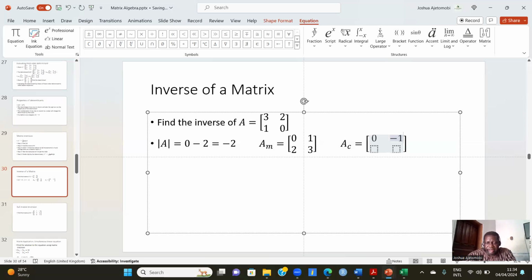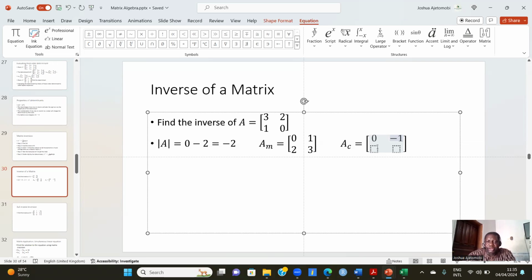The whole idea is this. When you add the row and the column and you have even number, then the sign will be positive. And when it is odd number, then the sign will be negative. Or by rule of thumb, you know the first one, which is 1, 1, is always positive.